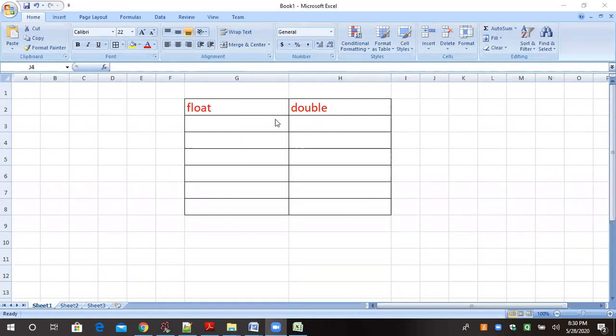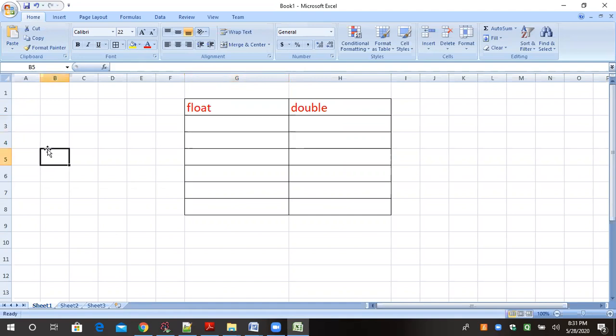Now I will tell you the difference. Suppose you want to store a small quantity of data, then you can go with float. Suppose you want to store a large quantity of data, then you will go with double. What do you mean by quantity?